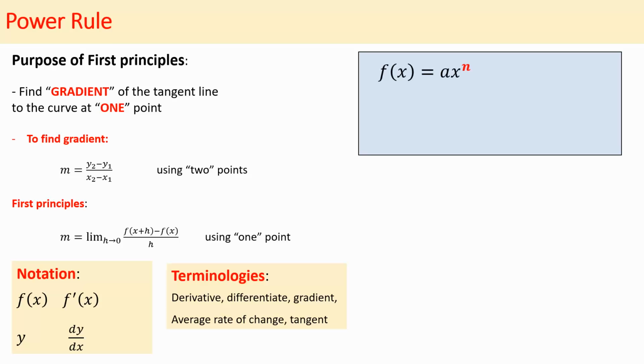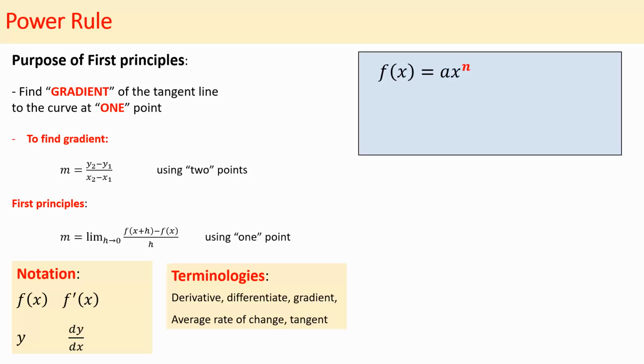What's the power rule? This is your power rule. So to summarize it, they say, all right, if you have x to the power of n, we don't know what n is. Okay, so it could be x to the power 2, x to the power 3, x to the power of half, x to the power of negative half. Doesn't matter. a is the value multiplied to it, or the coefficient. Okay, so remember ax squared, then a is the number in front of it. If this is your function, then we call that a power function.